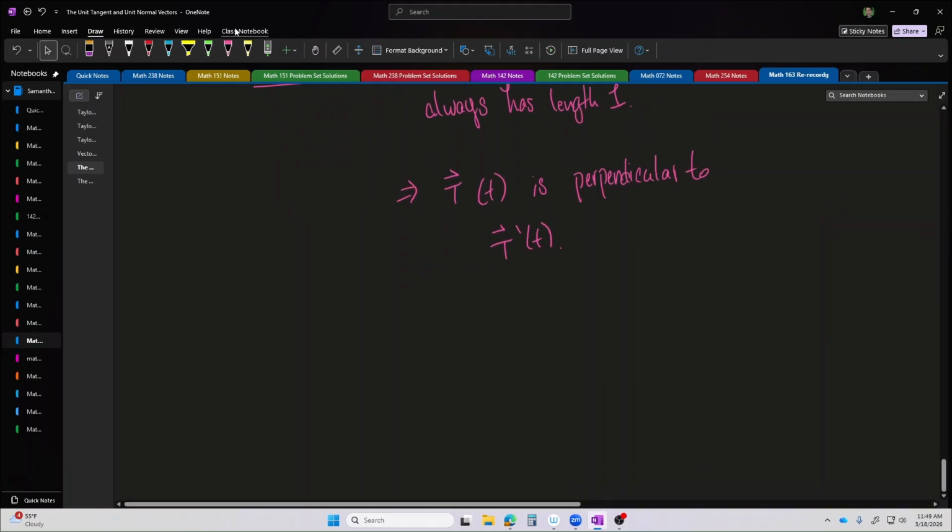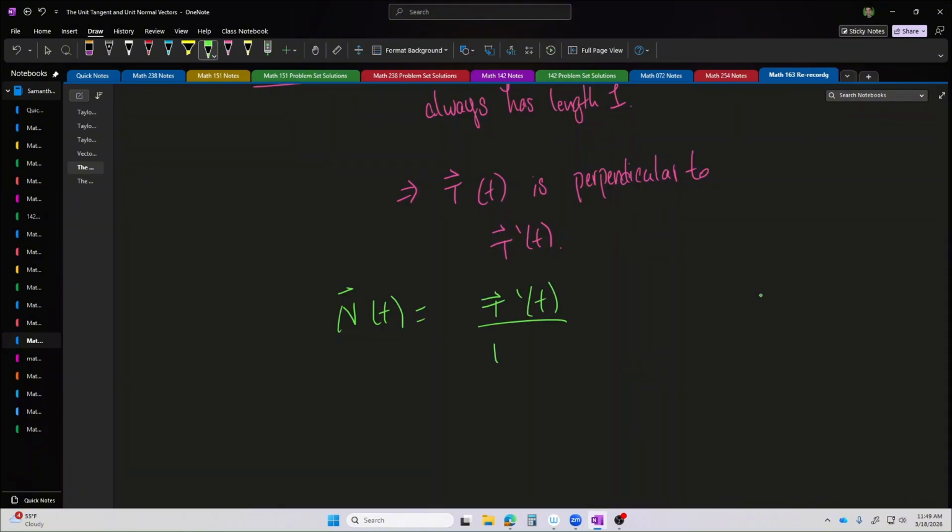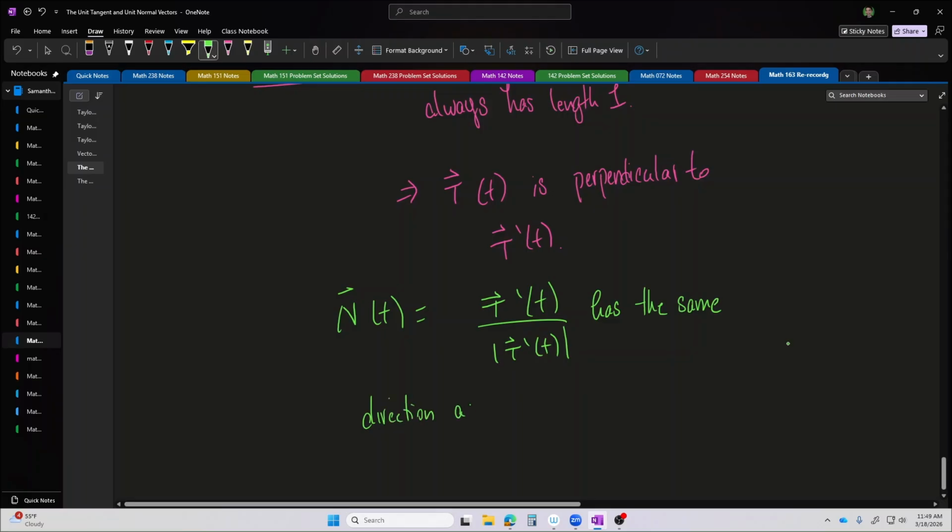But let's not forget that capital N of T points in exactly the same direction as T prime, because capital N of T is just T prime that's been rescaled. So if T prime is oriented so that it's perpendicular to T, N must also be oriented so that it's perpendicular to T. And that's why the unit normal vector points specifically in a direction that's perpendicular to the direction of motion.